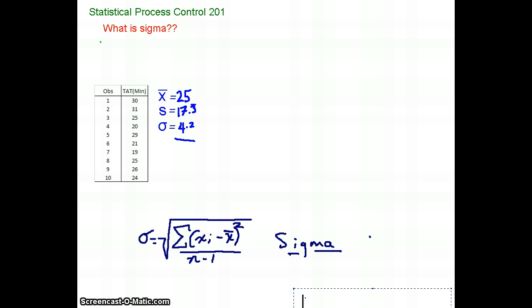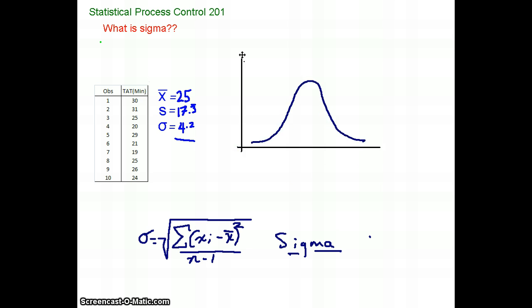So let's say that we charted a large number of turnaround times, that we recorded thousands of turnaround times. We would expect that those turnaround times would vary around the mean, around the average of 25 minutes, with some predictability. And in fact, many statistical processes do, and they follow something called the bell-shaped curve.